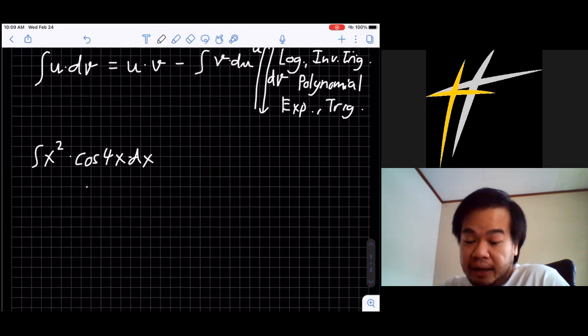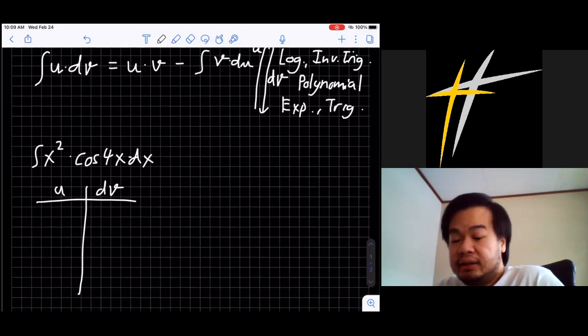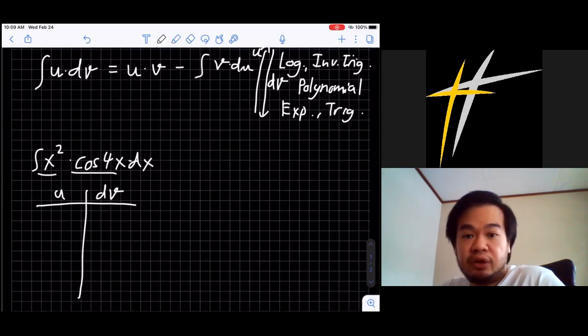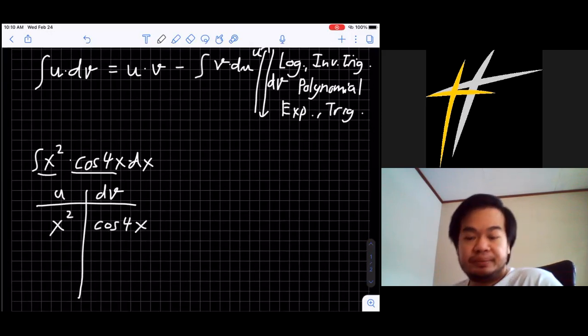First, make a table of two columns, u and dv. There are two functions being multiplied here, right? The way to determine u and dv still follows the principle I taught in the previous lesson. x squared is polynomial, cos 4x is trigonometric, so we put x squared in u and cos 4x in dv.